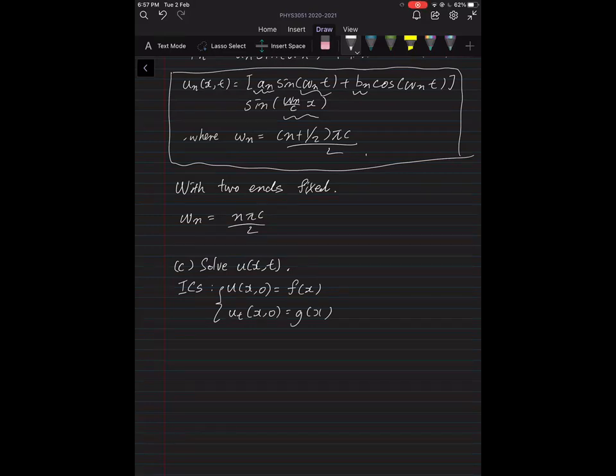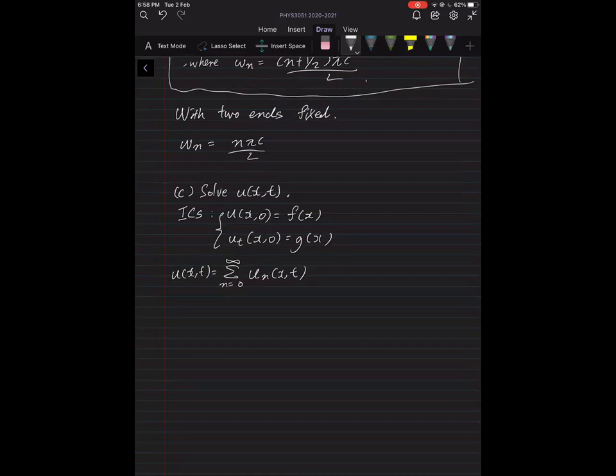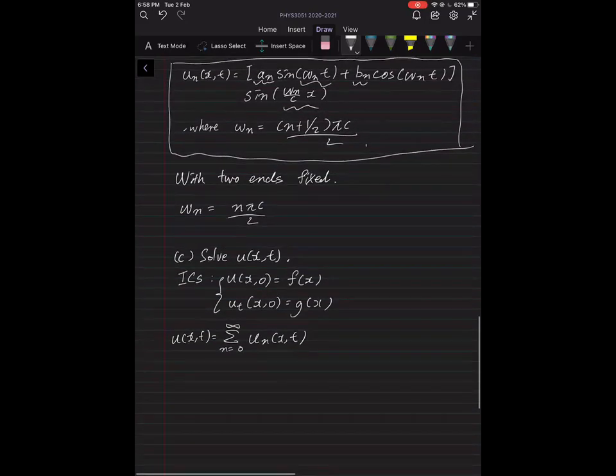So the general solution would be a superposition of all the normal modes. Now we have to match the initial conditions. So u(x,0) equals the sum of all these normal modes, and then we set t equal to 0.